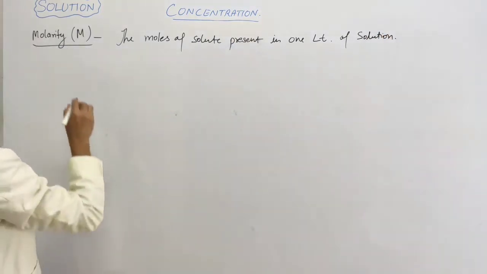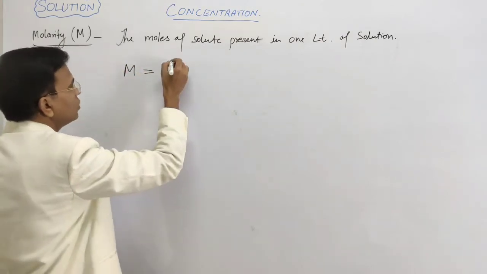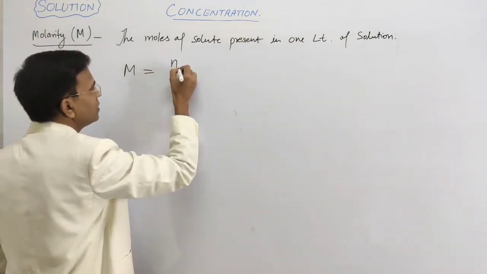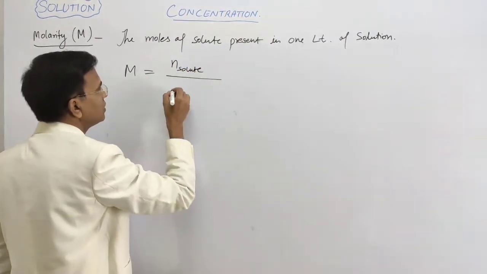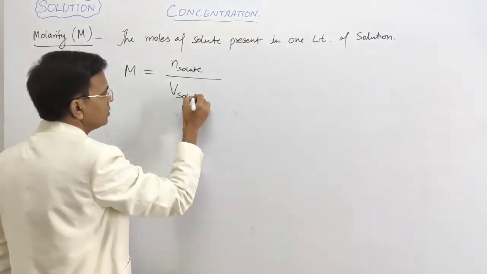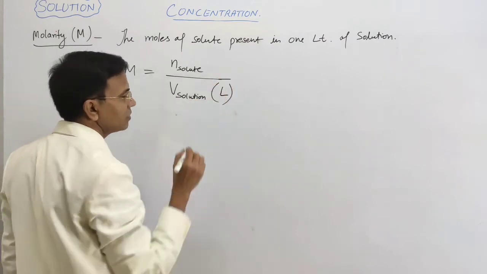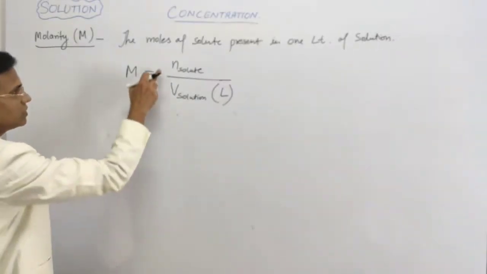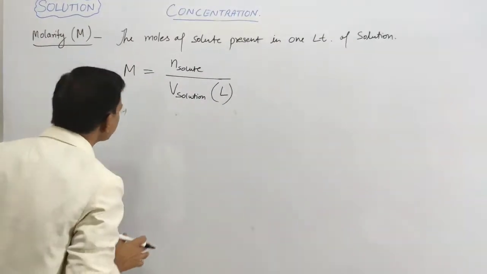So the formula will be molarity is equal to moles of solute upon volume of solution in liters. So here this is the moles of solute, and this is the volume of solution in liters.